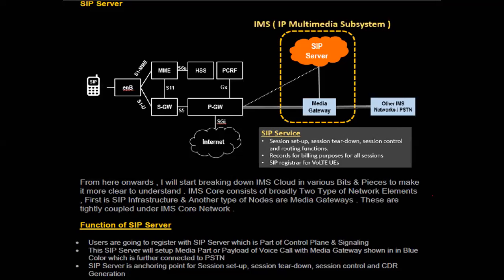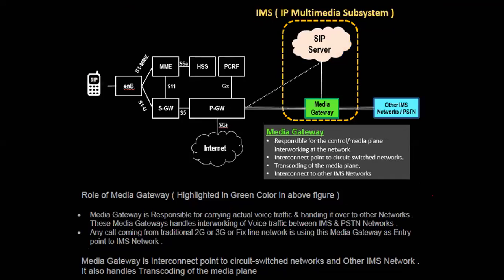The SIP server is the anchoring point for session setup, session teardown, session control, and CDR generation. In the SIP server we have three different elements: PCSCF, ICSCF, and SCSCF. We will learn about all this SIP server information in the upcoming slides.